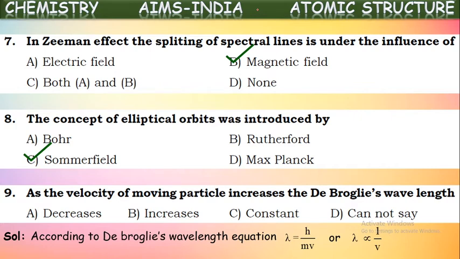So if the velocity of the moving particle increases, the wavelength decreases, because both are inversely proportional. As velocity increases, wavelength decreases, because the formula for the wavelength given by de Broglie is lambda equals h by mv. So the wavelength of that moving particle is inversely proportional to the velocity of that particle.